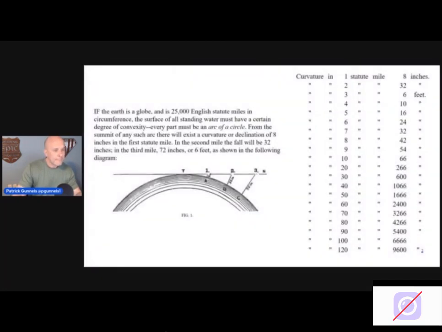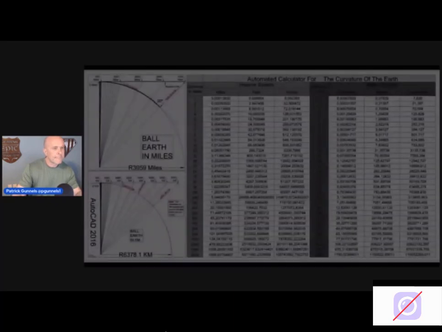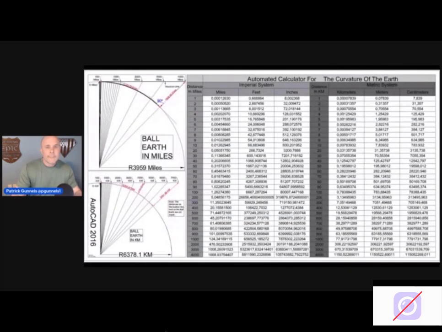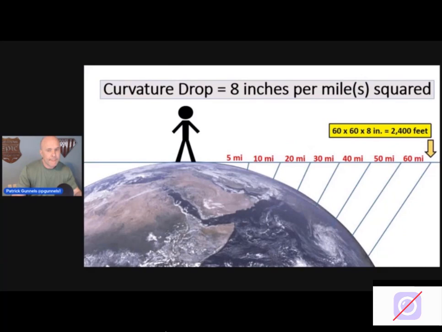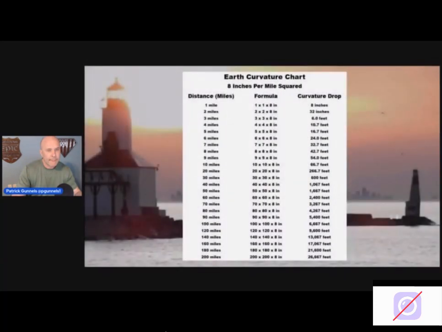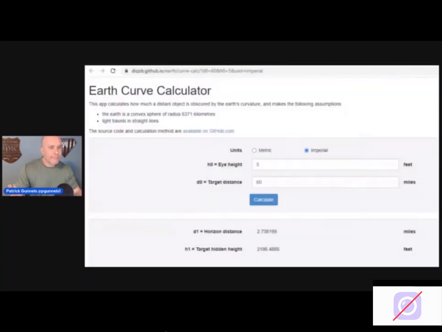The formula is simple and accurate over all visible distances and has been proven by engineering software. At just 10 miles, there should be a measurable curvature drop of 67 feet, 20 miles, 267 feet, 60 miles, 2,400 feet. To calculate what amount should be hidden behind the alleged globe bulge, you can use an online calculator like this one. We can prove that this curvature does not exist.